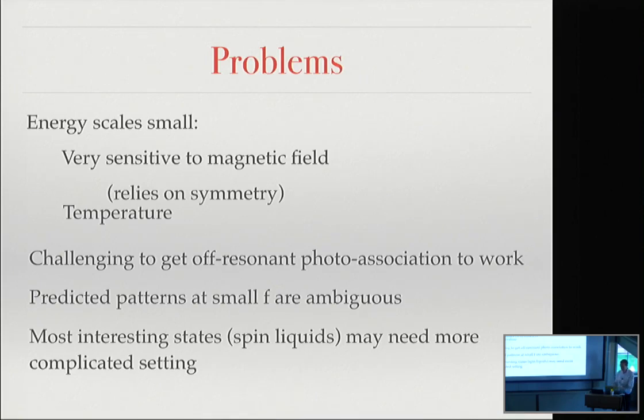I wanted this symmetry, and it's easy to break this symmetry. Actually doing this photo-association is a non-trivial step. And then, with typical atoms you can start thinking about, maybe you'll get F equals 3. The patterns are a little bit ambiguous. The flip side of that is maybe these Fs are places where there are interesting things happening.